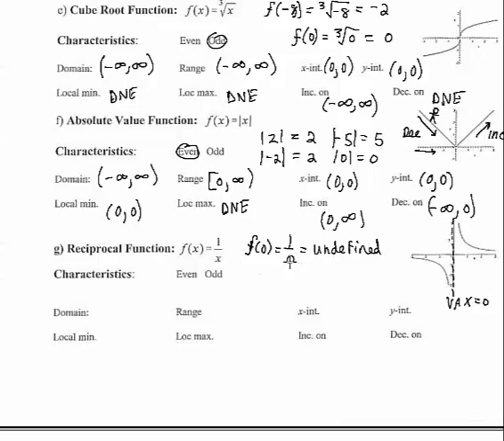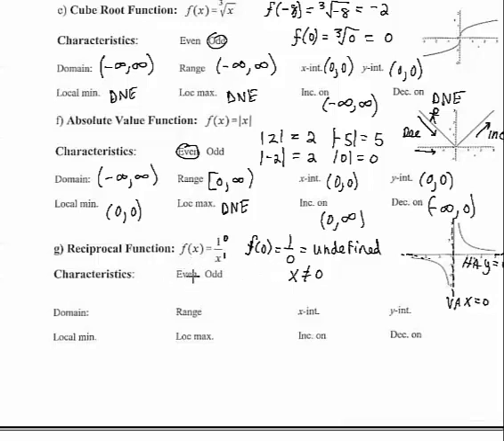The only restriction is that x cannot equal 0 in this case. And as far as asymptotes go, the degree of the numerator is less than the degree of the denominator. The degree is 1 on the bottom and 0 on the top. So we have a horizontal asymptote at y equals 0.